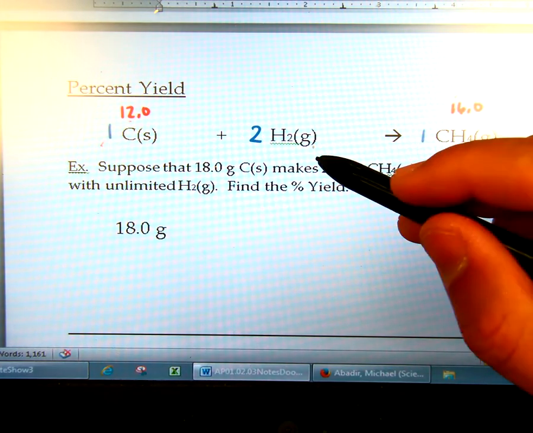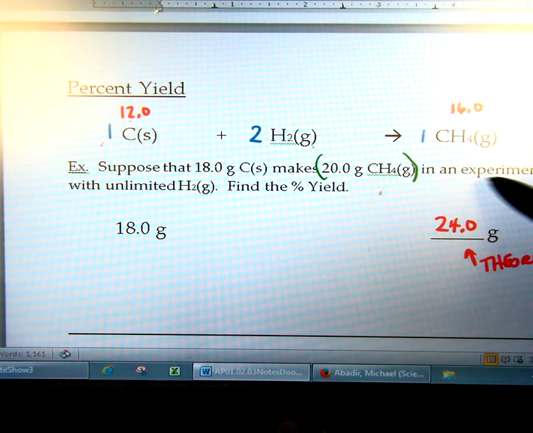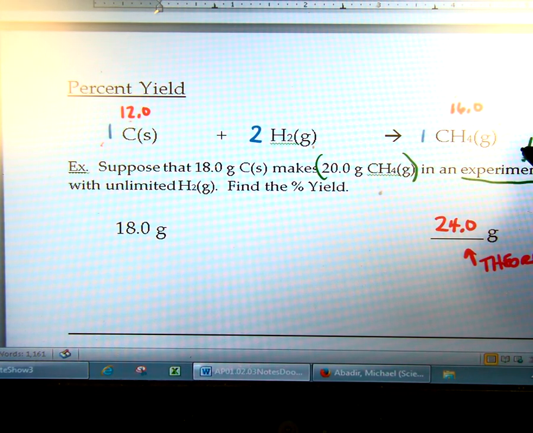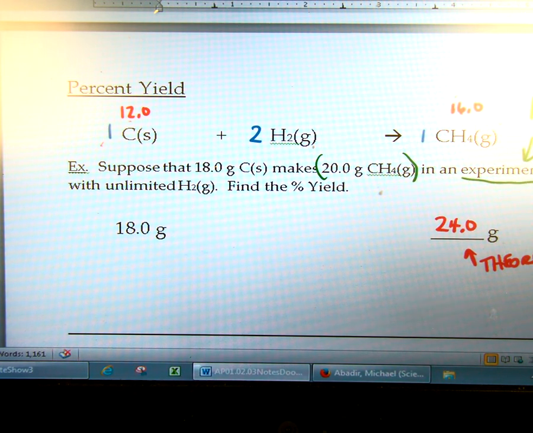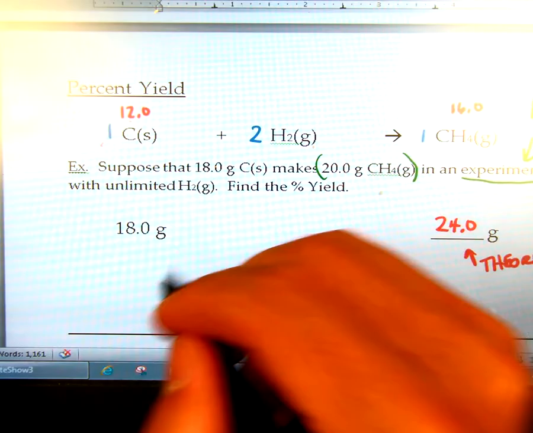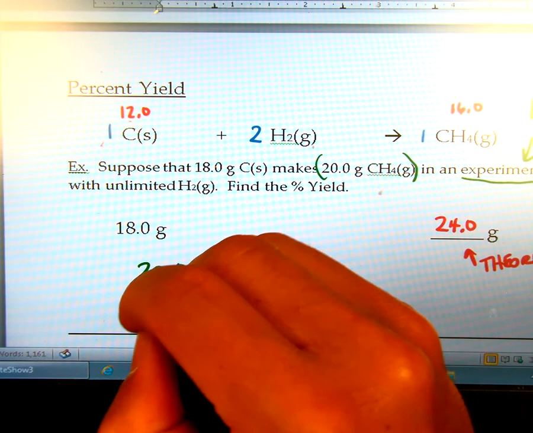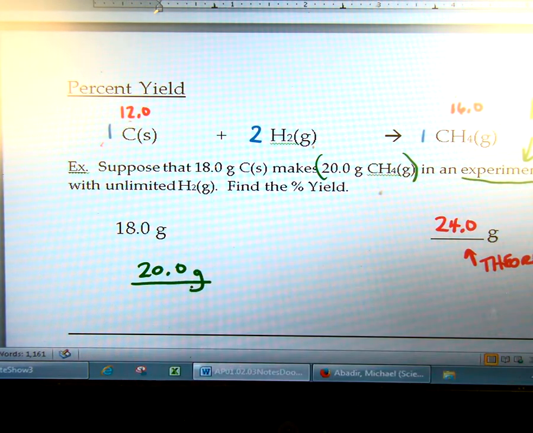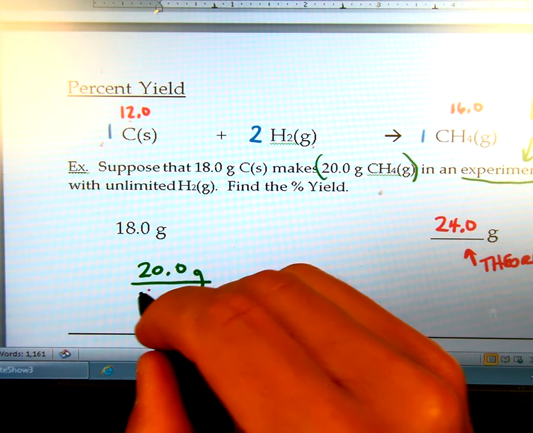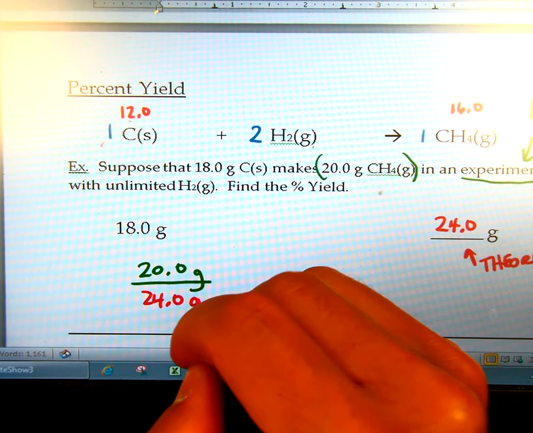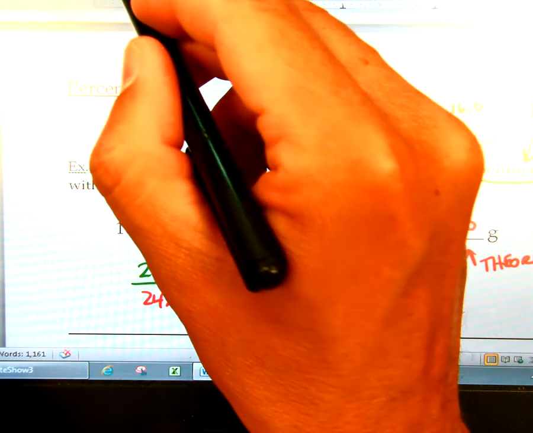So we only made 20 in the experiment. That's called the actual, or you could call it the experimental. Either way, to get the percent yield, you take the 20, what you got, divided by what you should have gotten, and then, of course, times 100.